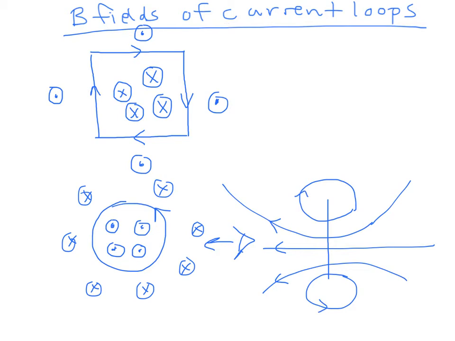And you can see, sure enough, they come through the loop to the left, but then they close back around and come back in from the right, moving towards the left. So that outside here, the magnetic field lines are moving to the right, but inside they're moving to the left, which is the direction indicated by this right-hand rule. So the right-hand rule here is that if we curl our fingers around in the direction of the current around our loop, the thumb will indicate the direction of the field created by that current inside the loop.